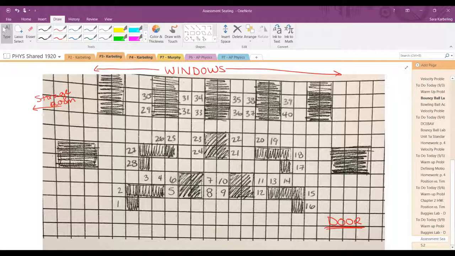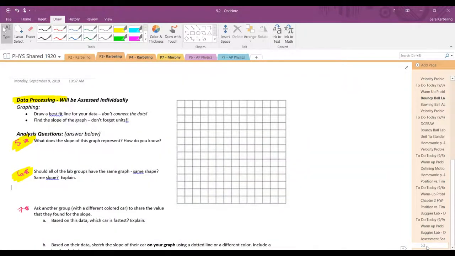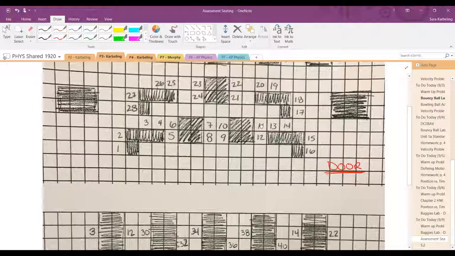Okay. So now, listen carefully. In just a moment, I'm going to have you move, and while you're over in your new spot, you are going to be asked to do your data processing on the graph, as well as answer questions 5 and 6. Okay, so you are going to move to a new seat.